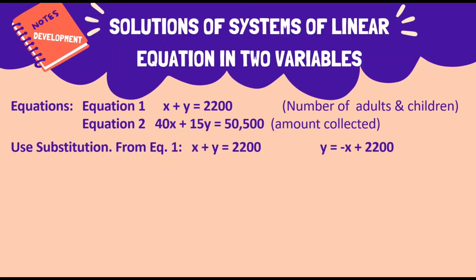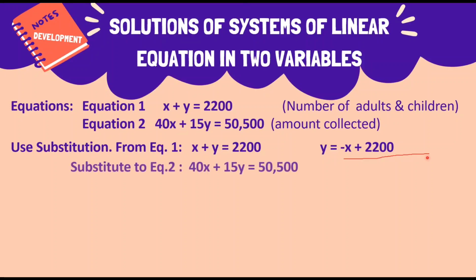So it becomes y is equal to negative x plus 2,200. So si x naging negative. Therefore, ang value ng y natin for the meantime ay negative x plus 2,200.